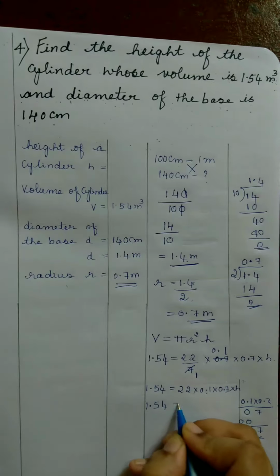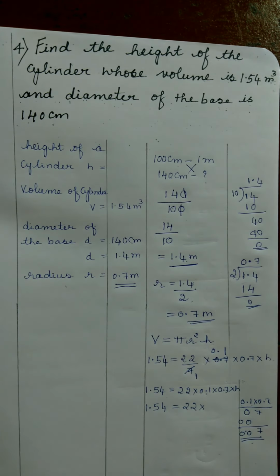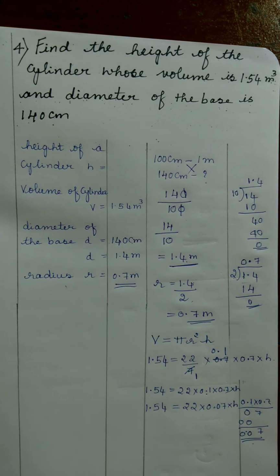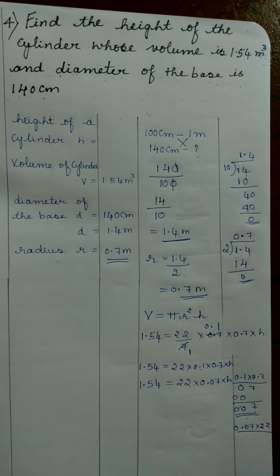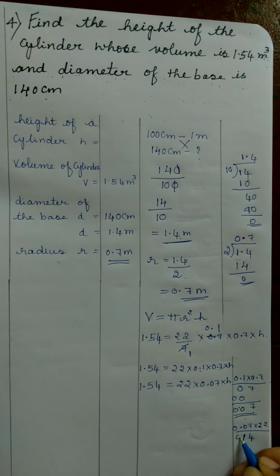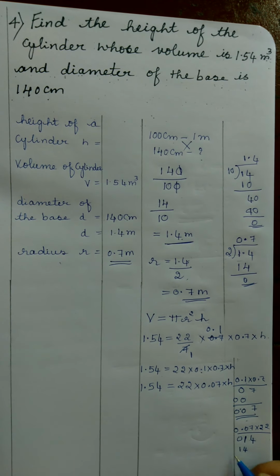1.54 is equal to 22 into 0.1 into 0.7. We got 0.07 into h. So 0.07 into 22. 2 sevens are 14. 1 remaining. 2 zeros are 0 plus 1. 2 zeros are 0. Again we have the same value, that is 4 1 0. 4 plus 1 is 5. 1 plus 0 is 1 0.